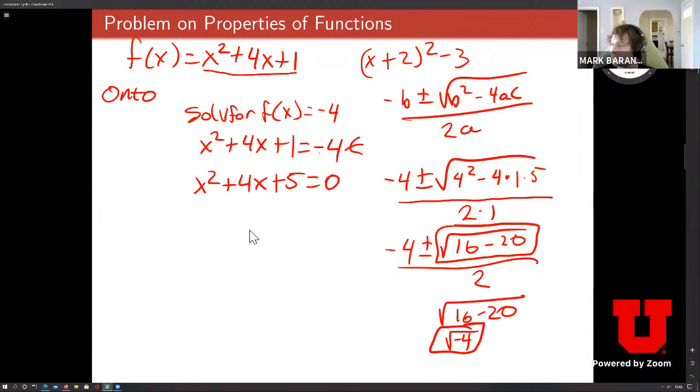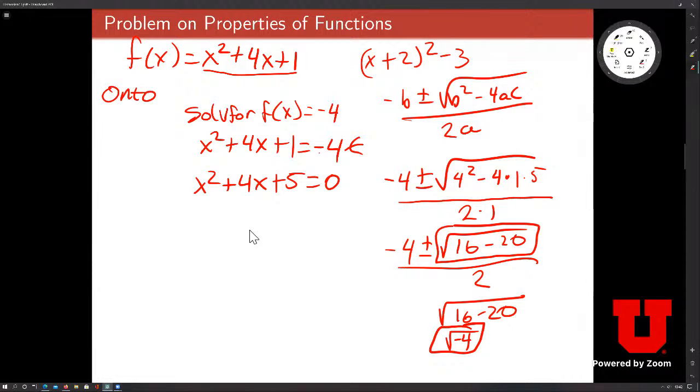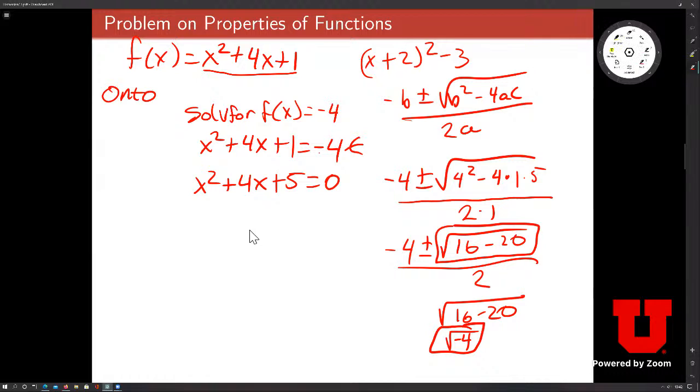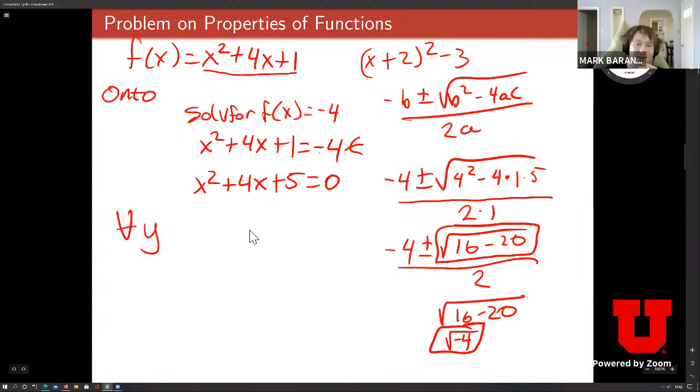Questions on that? So what's the definition of onto then? Good question. For all y in the codomain R, we need to show that there exists an x in the domain R such that f of x equals y.